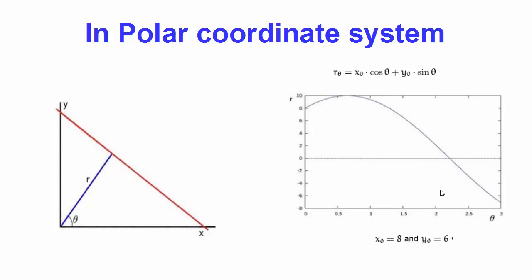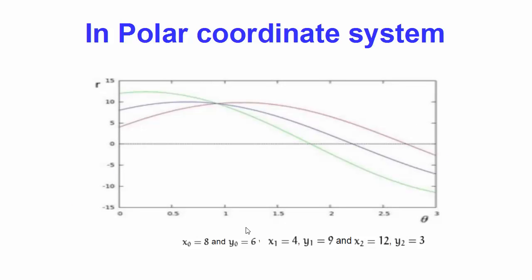So let's say you have multiple points. We take 3 points, then it's going to look like this. Let's say x0 is equal to 8 and y0 is equal to 6, x1 is equal to 4, y1 is equal to 9, and x2 is equal to 12 and y2 is equal to 3. So we have 3 points in the xy space.